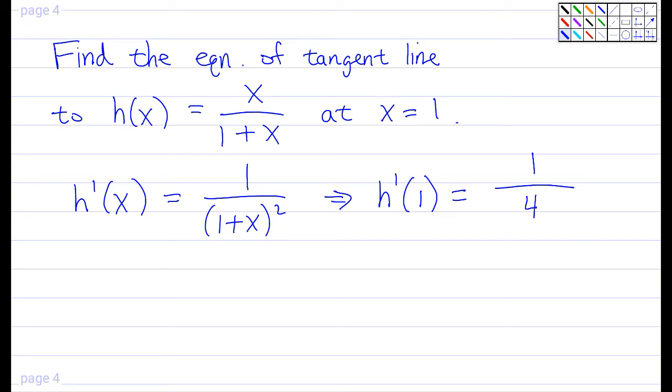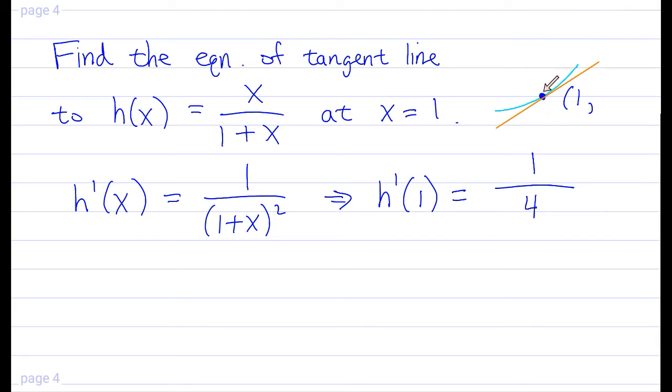So I'm not going to try to draw this curve. Let's just pretend it looks like this. Okay, and here's x equals 1. What point is this? How do I get the y value of the point that the tangent line is going to go through? I'm going to try to draw a tangent line here. Okay, there's my tangent line. In order to find the equation of the tangent line, I need to know what is this point that the line goes through.